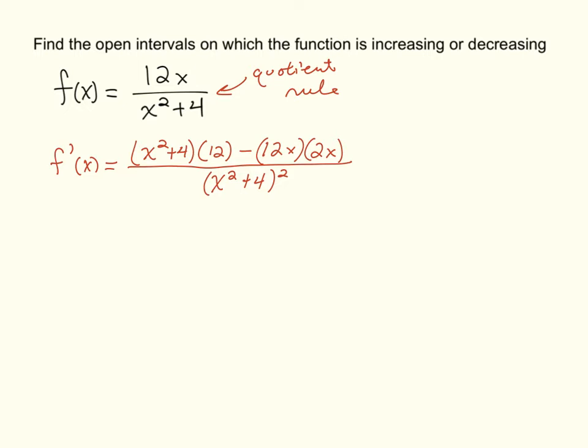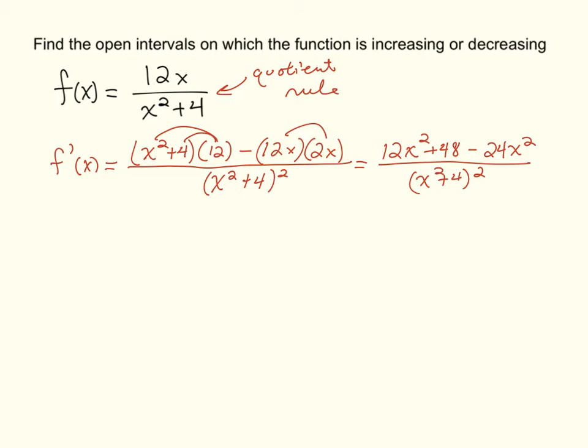So now that we have this derivative, I would like to simplify it as much as I can before I set it equal to 0 and solve for x. So I'm going to distribute the 12 to the x squared and the 4, and I'm going to multiply these two terms together to get 12x squared plus 48 minus 24x squared all over x squared plus 4, the quantity squared.